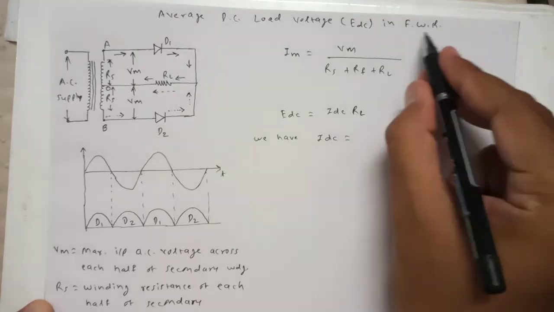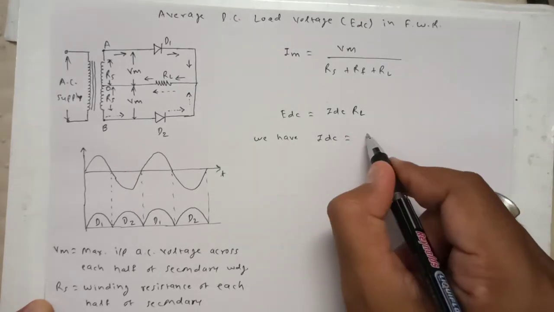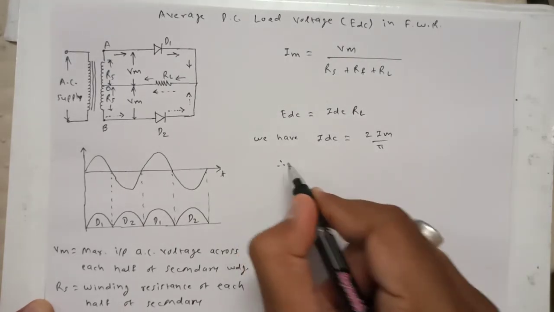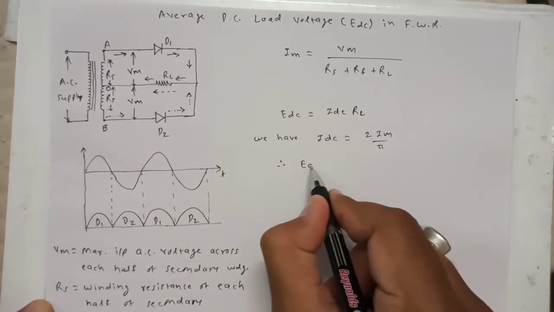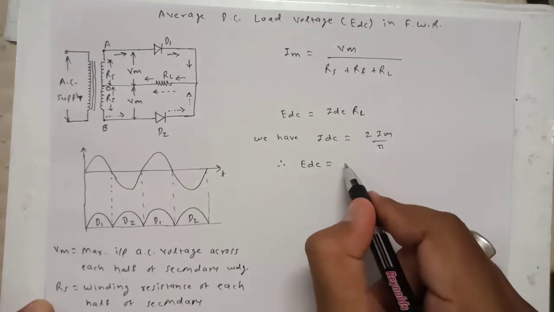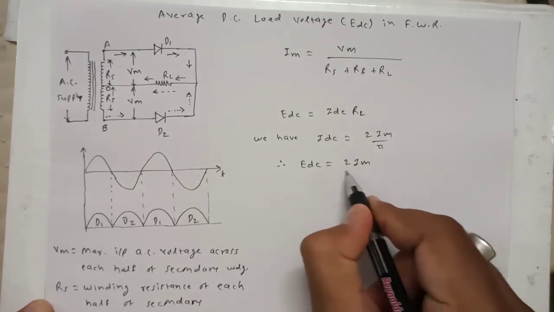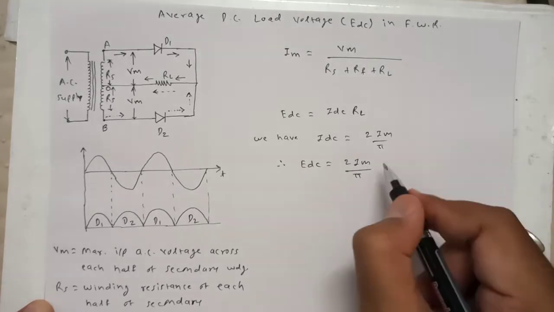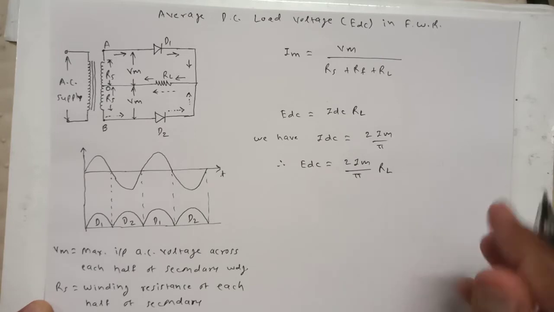IDC in case of a full wave rectifier is twice Im by pi. So we can write EDC is equal to twice Im by pi, multiplied by the resistance RL.